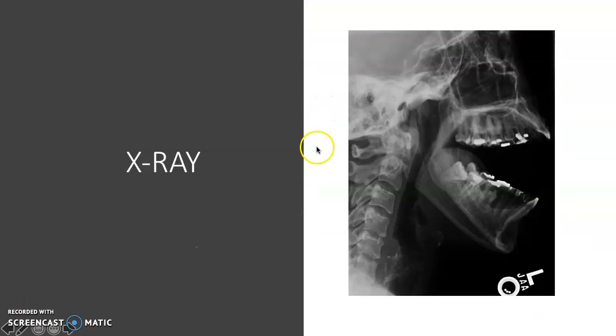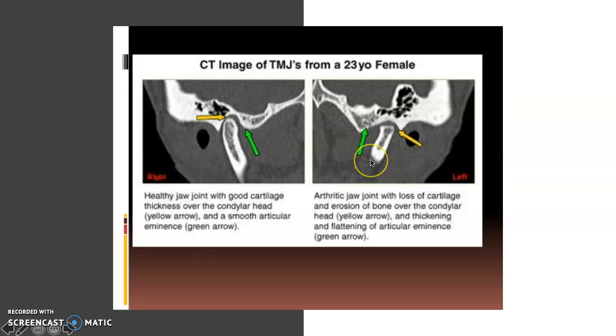So here's an X-ray of a TMJD patient. You can see the teeth are really poorly aligned, which will eventually cause an uneven bite, which will lead to TMJD. Here's a CT scan of a patient, and here's a healthy jaw. You can see the head of the mandible has an articular surface that is very smooth, and there's good cartilage thickness over the condylar head, which is moving against a smooth surface.